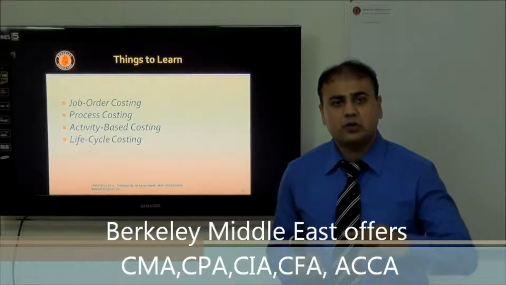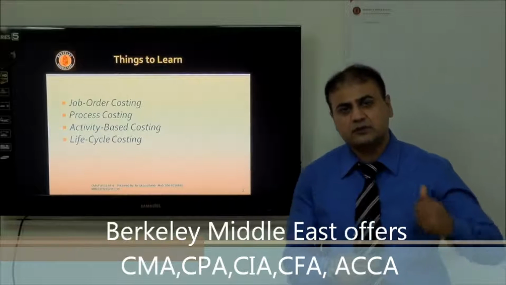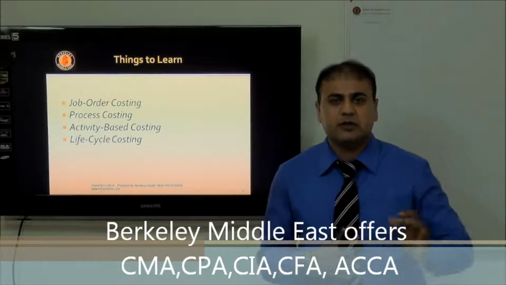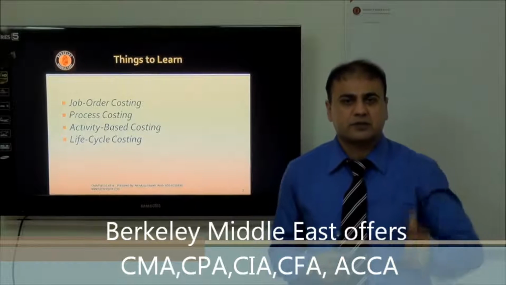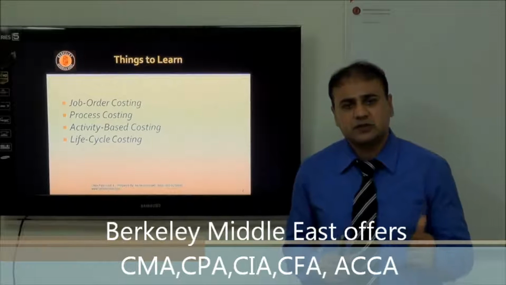Then suppose the product is different, say in the oil industry, where there is a continuous flow and we have to convert it into other shapes. For that kind of system, we cannot apply job costing. We have to go for process costing. What is process costing?